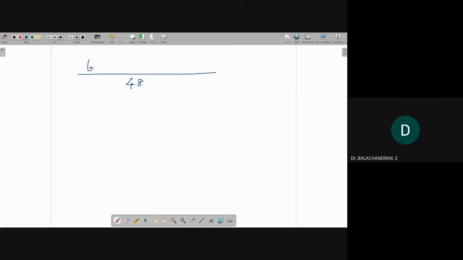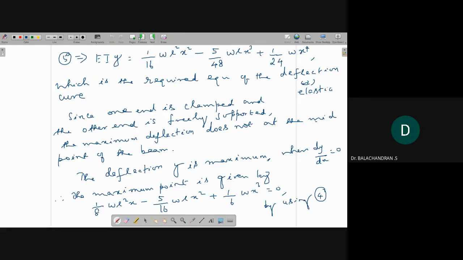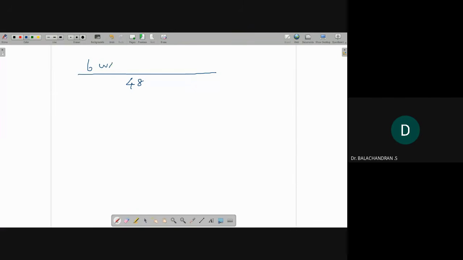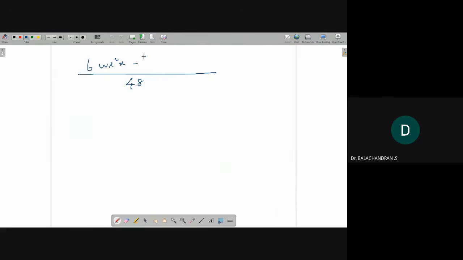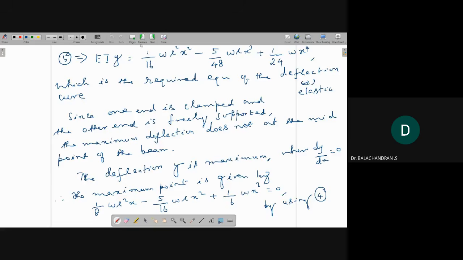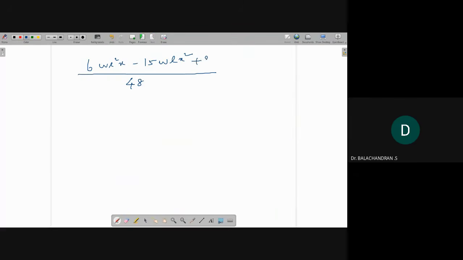So here we have 6 omega L square x minus 3 times 15 omega L x square and then 8 omega x cube equal to 0, over 48.